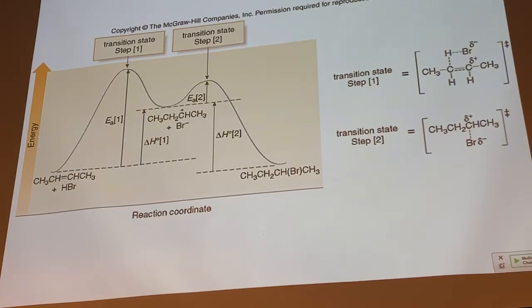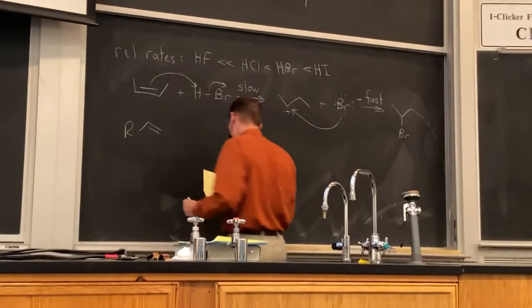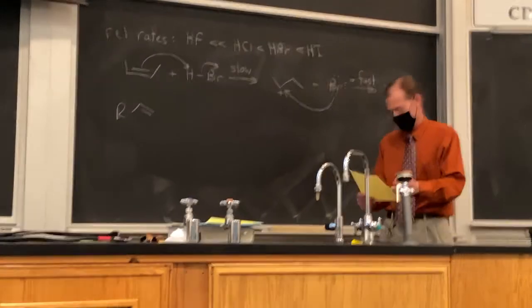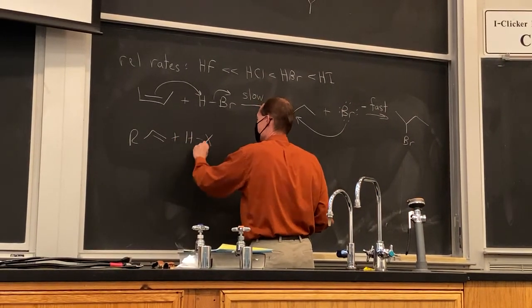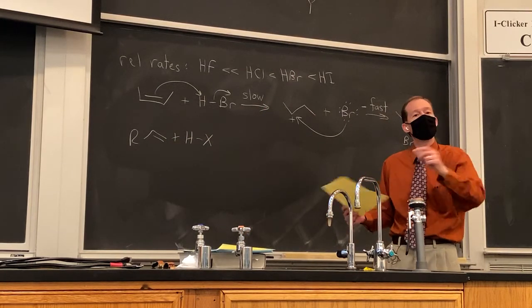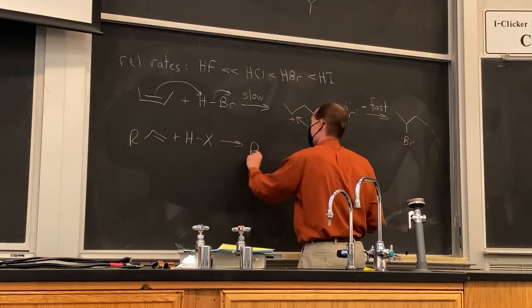Okay, so let's address not your question first. We've got another issue we're going to get to before that. Let's say that we have a terminal alkene in this case. We're going to react that with HX. Because this alkene is not symmetrical, now we have two different constitutional isomers that we could generate.